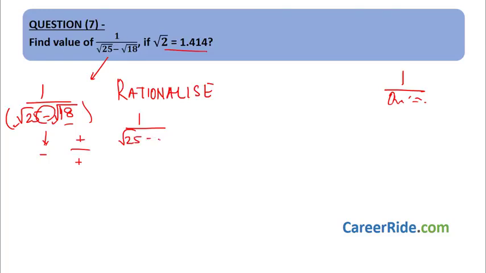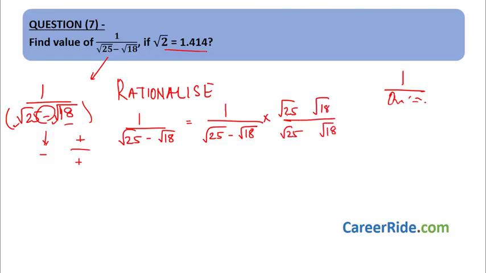Root of 25 minus root of 18 is given, and by rationalizing, we get 1 upon root of 25 minus root of 18, multiplied and divided by root of 25 plus root of 18. In rationalization, we multiply and divide by the same number, only the sign is opposite.